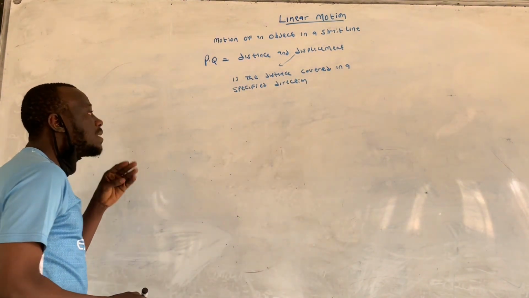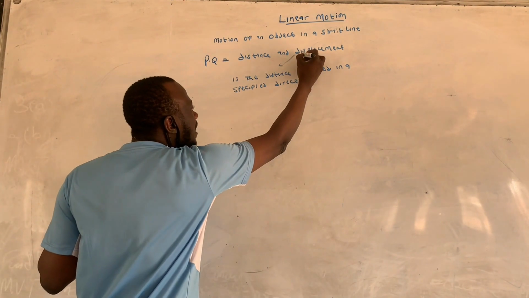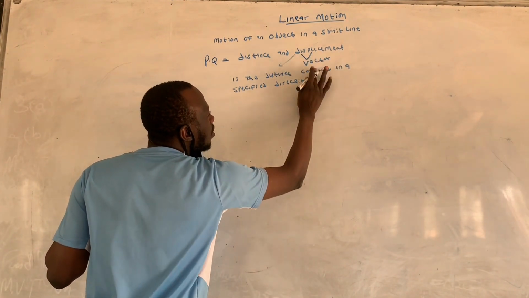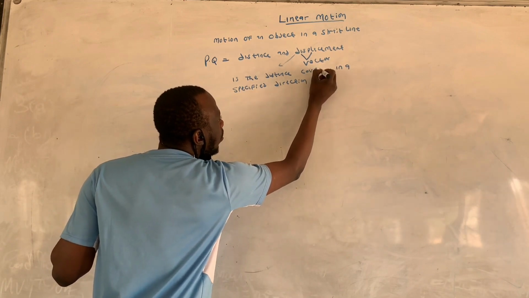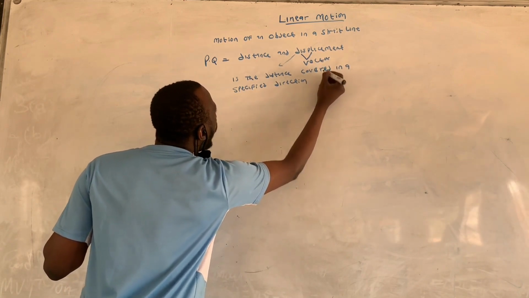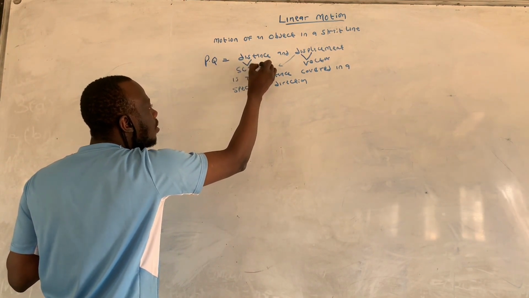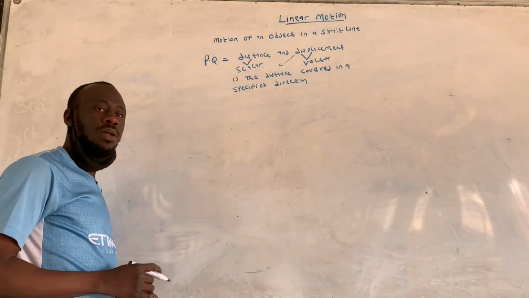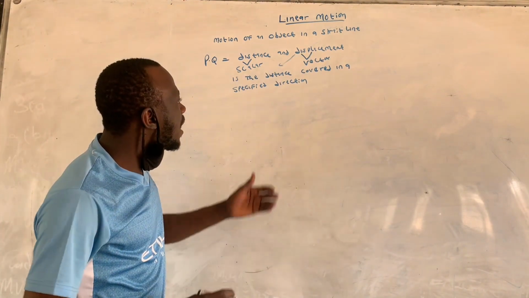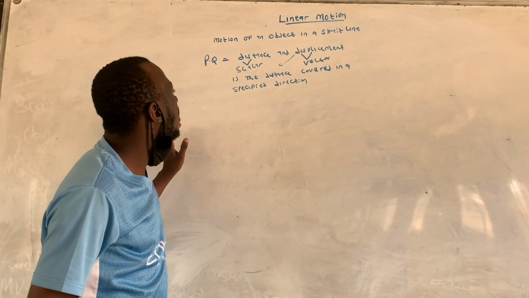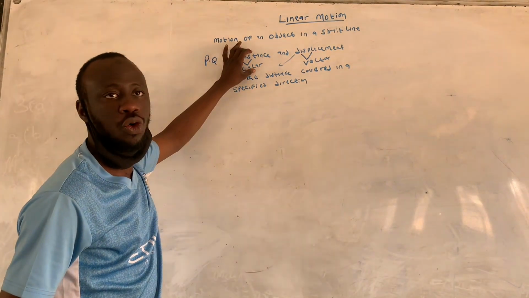So displacement is a vector, while distance is a scalar, because a vector is defined in terms of direction, while a scalar is defined in terms of magnitude only.